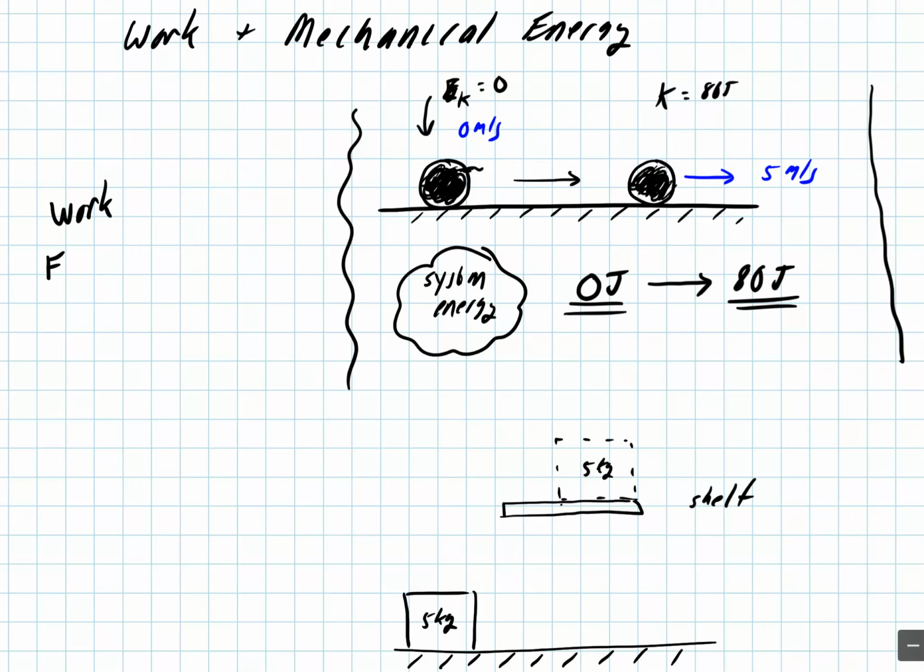You have to have a force acting through a distance to transfer energy. So in this case, something or somebody did 80 joules of work in order to give this ball 80 joules of kinetic energy.